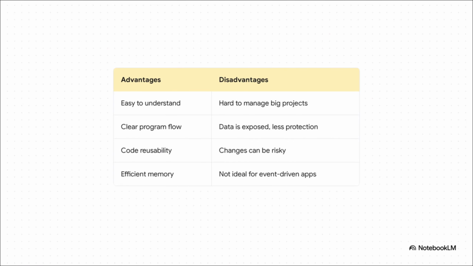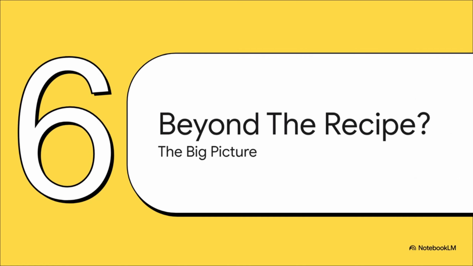But as projects get bigger and more complex, it can get kind of messy. A big issue is that data is often just out there, exposed to the whole program. This means one function over here could accidentally mess up data that another function way over there is using. And that makes making changes really risky, because a tiny tweak in one spot can cause some really weird, unexpected bugs somewhere else entirely.